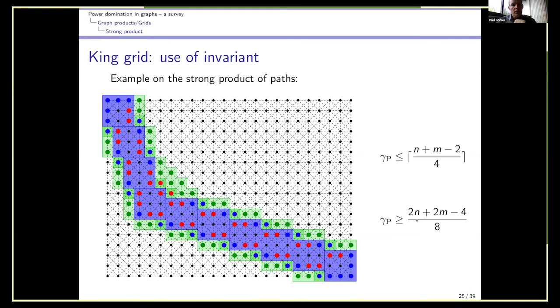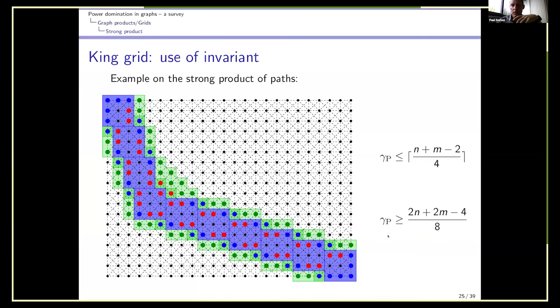And at the beginning, when you choose your power dominating set, every vertex dominated 9 vertices and was not in the set, so every vertex you picked contributed to the set by 8. And this gives me another bound, but obviously you see that these two bounds are very similar.